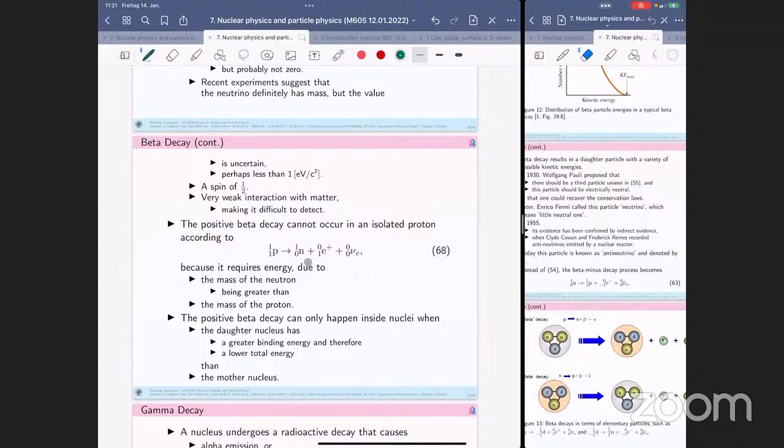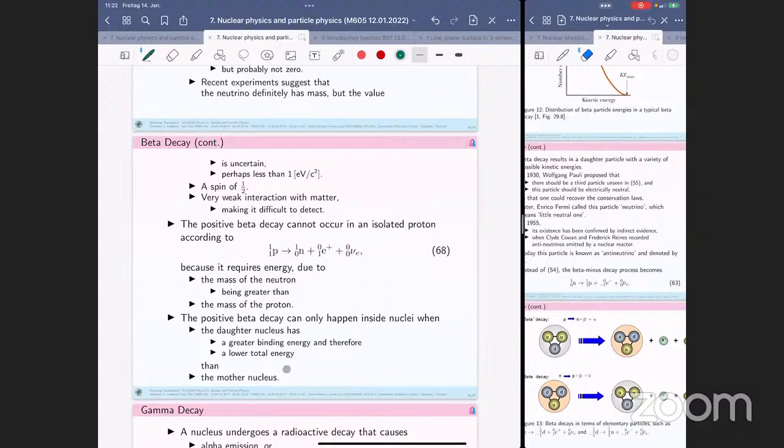You cannot have this process easily in nature or automatically, because the mass of the neutron is greater than the mass of the proton. In order to make this process happen, you need to supply heat or any kind of energy to the proton. Then this process can happen.